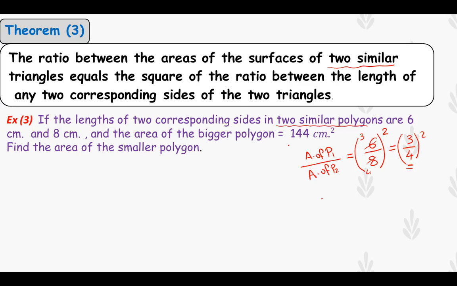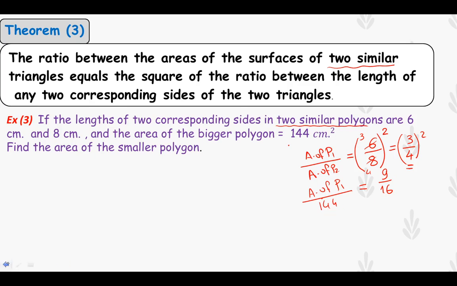So we can write that the area of polygon 1 over the area of polygon 2, which equals 144, equals 9 over 16. So to find the area of polygon 1, cross multiplication. So the area of P1 will be 9 multiplied by 144 over 16.